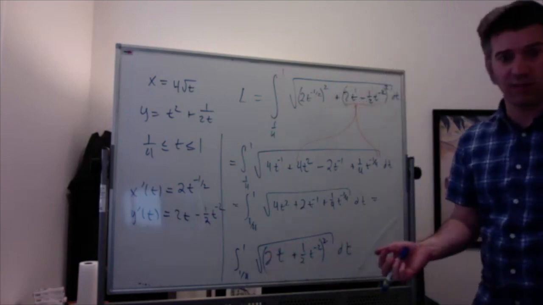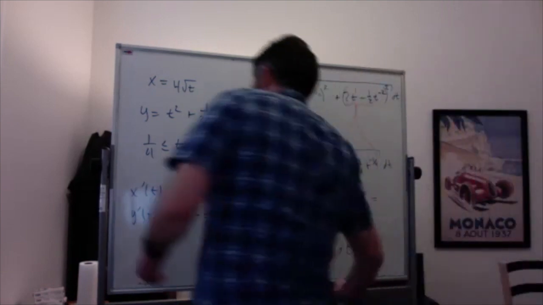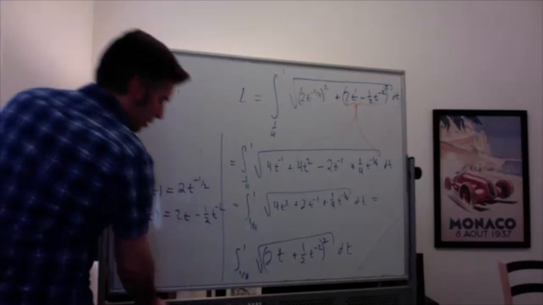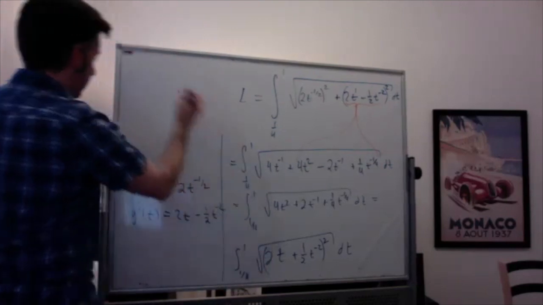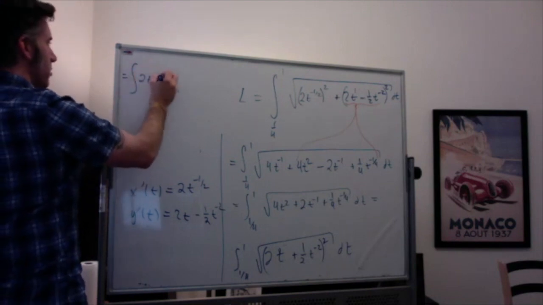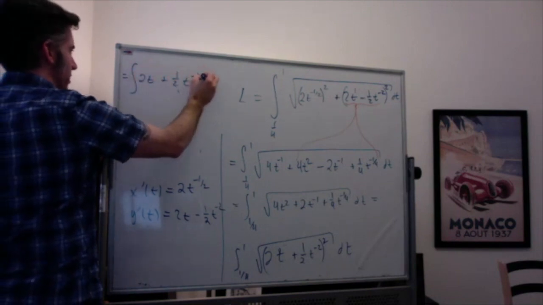And now everything's going to work out pretty great. So, sure, we can erase this. I'm going to simplify this, and then we'll have the integral of 2t plus 1/2 t to the minus second.